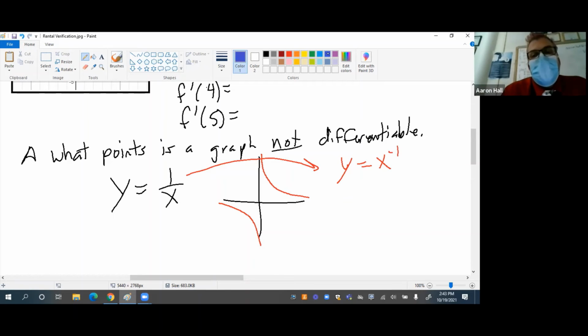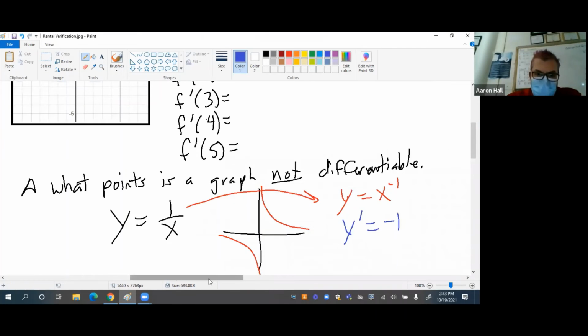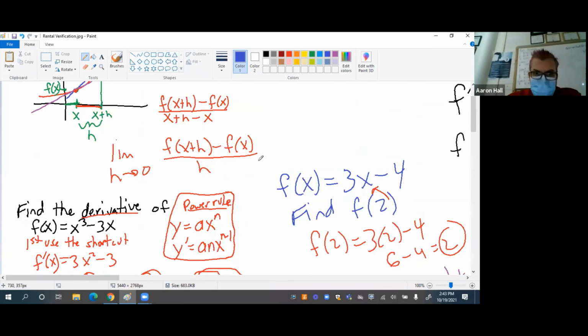So if I use the power rule, what do I get? -1. Don't we have to subtract 1 from the exponent? Oh, yeah.